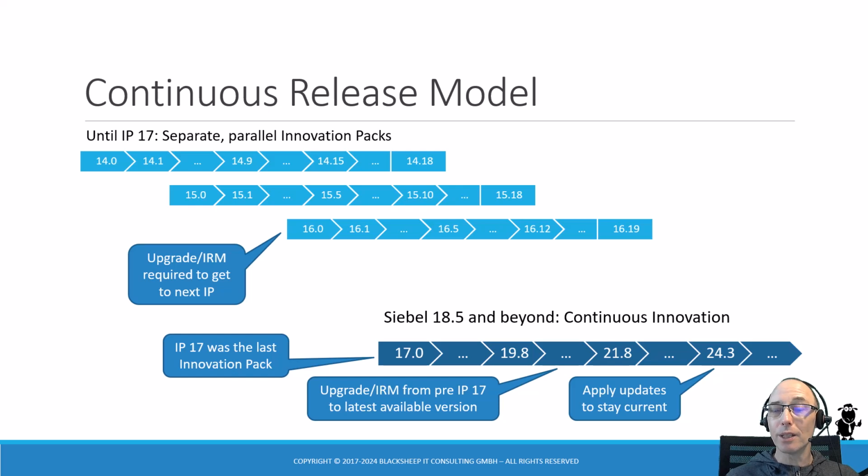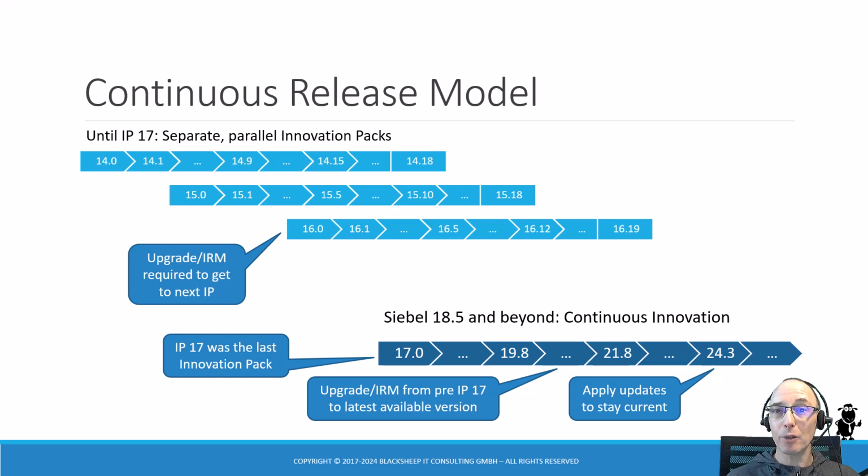Oracle has introduced the continuous release model with Siebel 18. So the last innovation pack that you can ever upgrade to was IP17. And if you have not yet upgraded, it's time to do so because IP16, IP15, IP14 are getting old. Upgrading is of course an expensive and time-consuming endeavor, taking person months or person years.